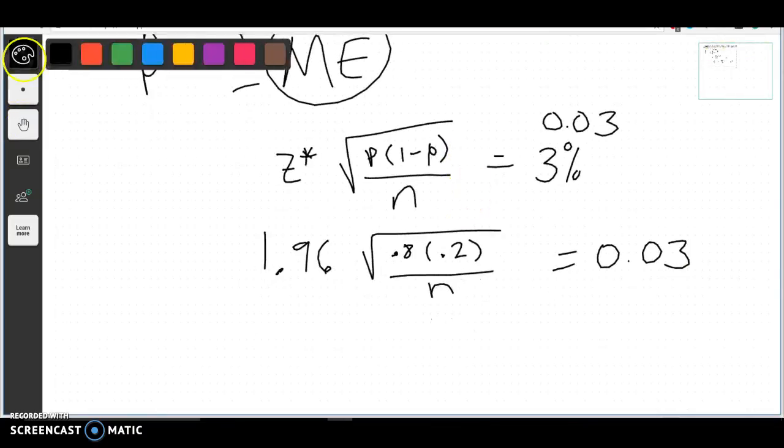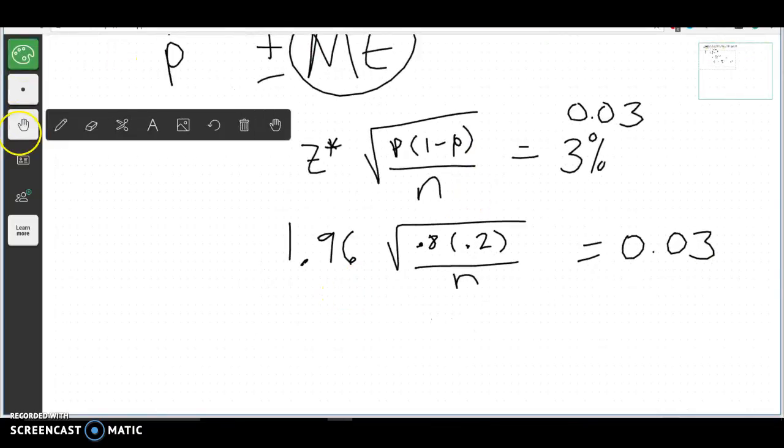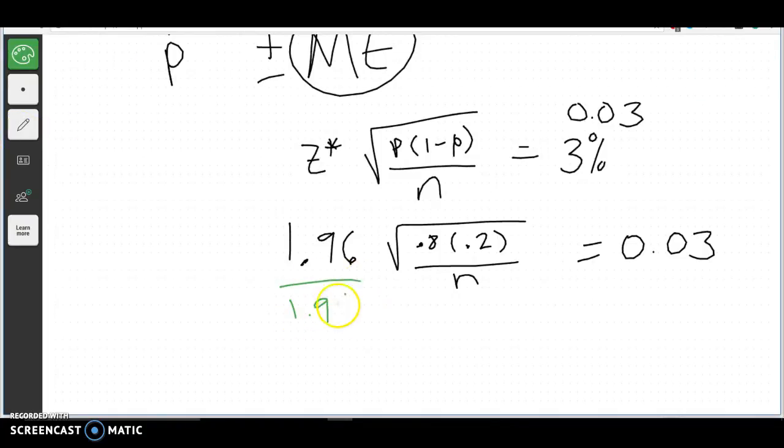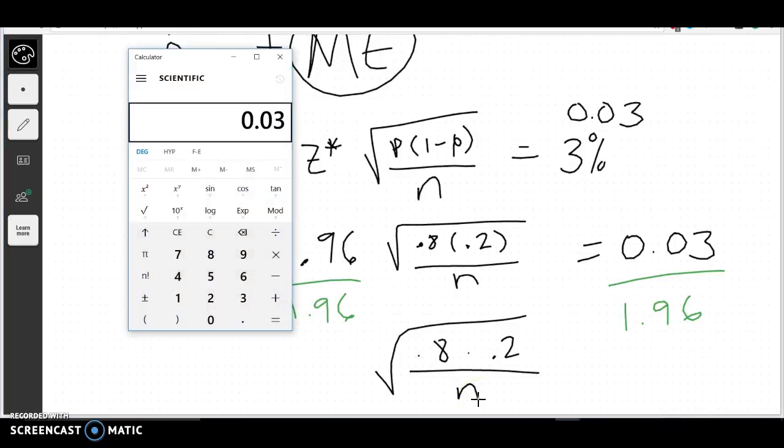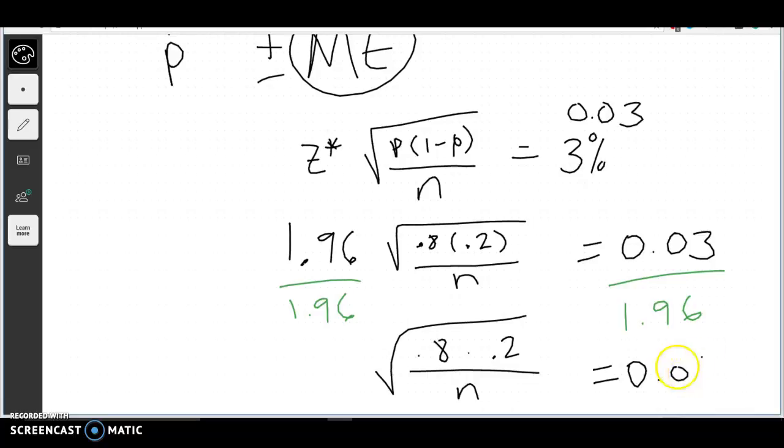And it's not even that bad of algebra. We'll move this to the other side. That will give us about 0.015. We'll square this to get rid of the square root.